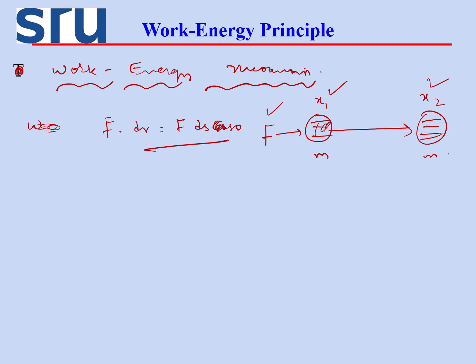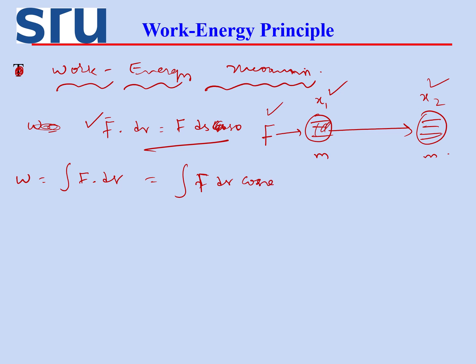Okay. Now this is a small amount of work done. For total work done, W equals, we integrate this. That is the integral of F dot dr. So we can write it as the integral of F dr cos theta.